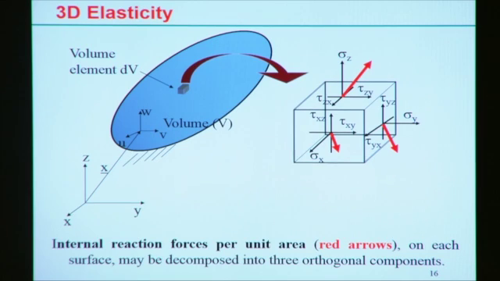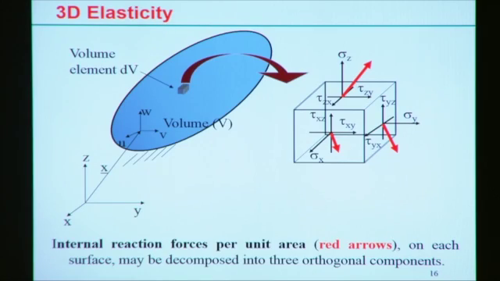Now we see that there are several shear stress components as well: tau yx or tau xy, tau yz or tau zy, tau xz or tau zx. There are 6 shear stress components, all acting over the surface of this elemental volume.